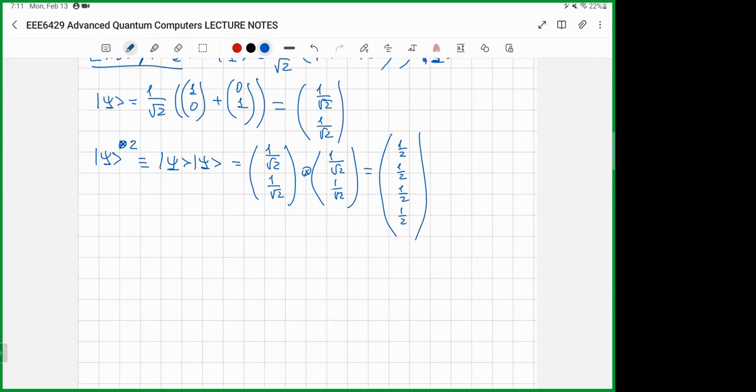The vector of 4, and all the elements are 1 half, or 1 half times the vector (1, 1, 1, 1).